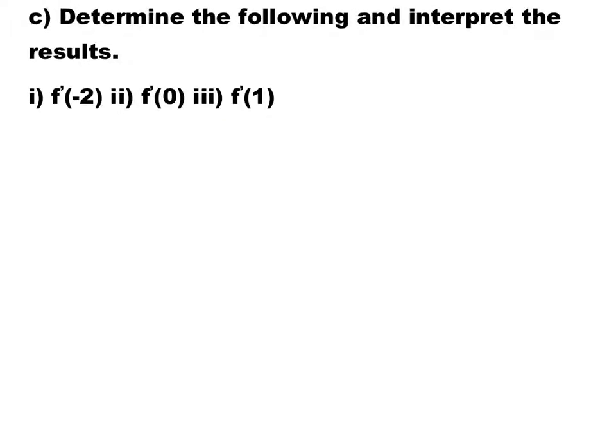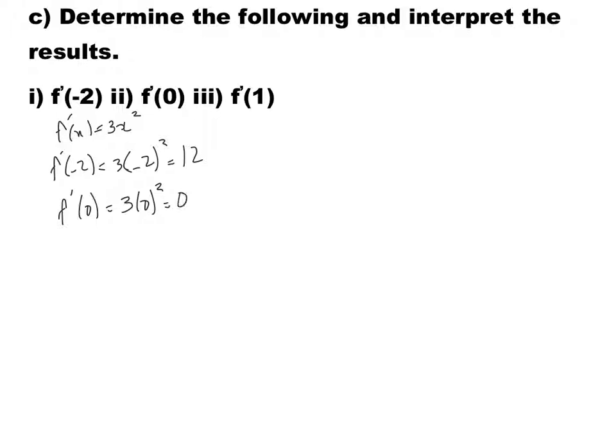Now the question is to determine the following and interpret the results. The first one is f prime of minus 2. Remember that f prime of x was 3x squared. So f prime of minus 2 is 3 times negative 2 squared, which is 4 times 3, which is 12. f prime of 0 is 3 times 0 squared, which is 0.